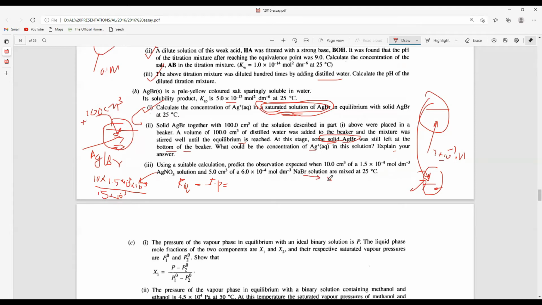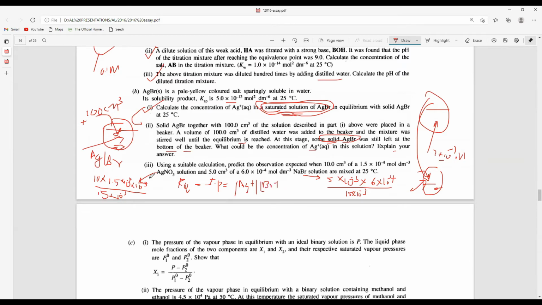In the same way, you can calculate the initial Br- concentration. So this will be 5 into 10 to the power minus 3 times 6 into 10 to the power minus 4. This is the number of moles of Br- used, and the total volume is 15 into 10 to the power minus 3. Okay, so you can solve and find the concentration of Ag+ and Br-. So my RQ is the Ag+ concentration times the Br- concentration.